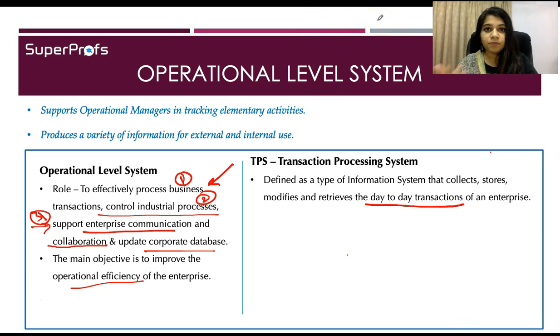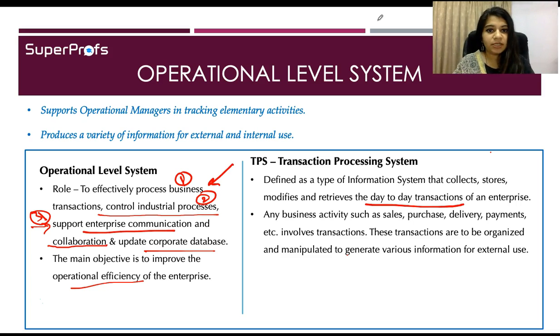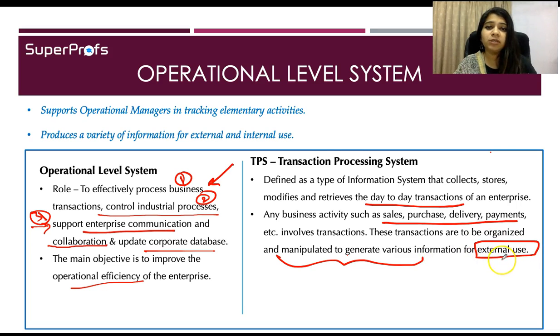The example will help you understand this. Any business activity such as sale, purchase, delivery, payments, etc. involves transactions, and these transactions are to be organized and manipulated to generate various information for external use. External means the organization uses it for other functions.